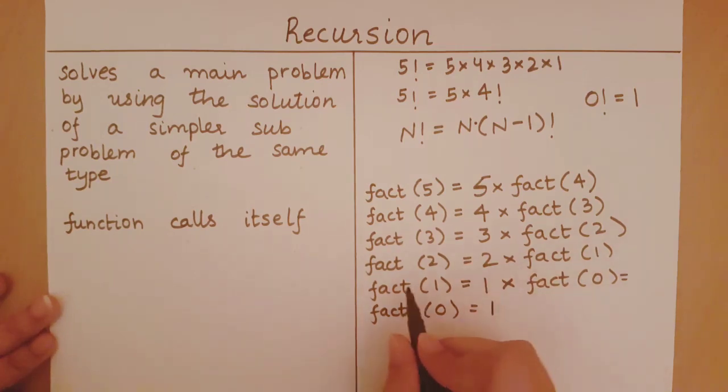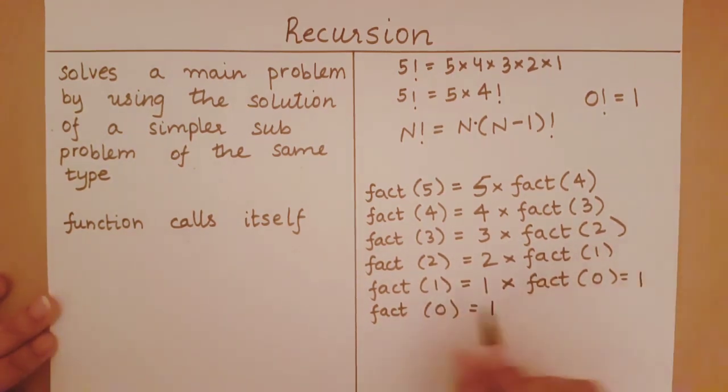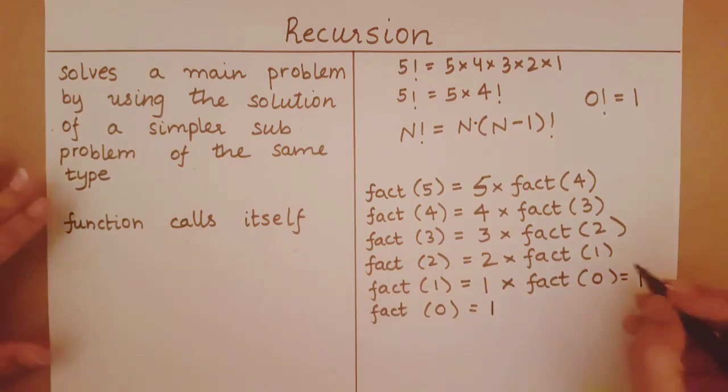So factorial of 1 is 1 into 1. So this is equal to 1. So what have I got from this step? I know that factorial of 1 is equal to 1. Using this information, I can arrive at the result of factorial 2.